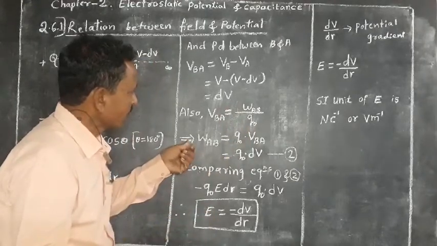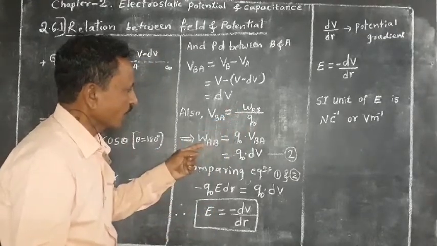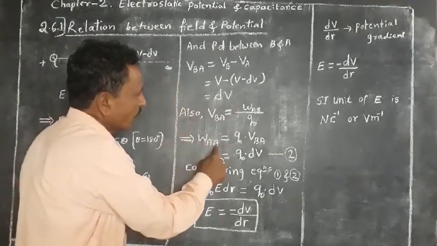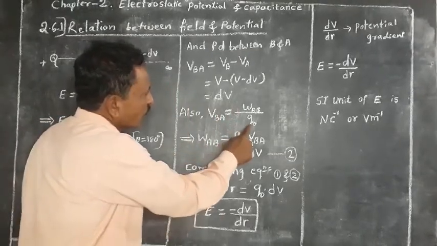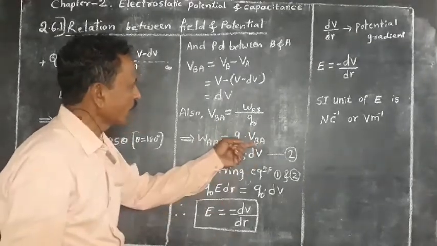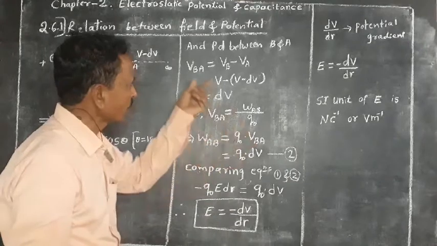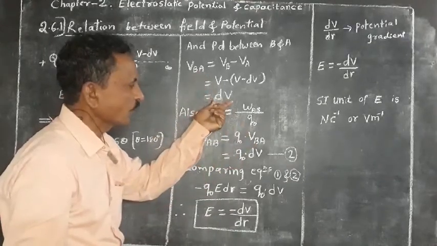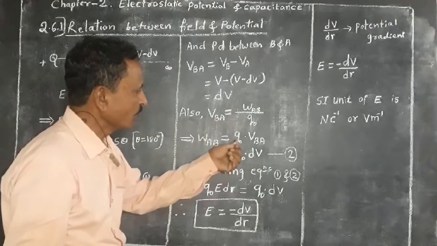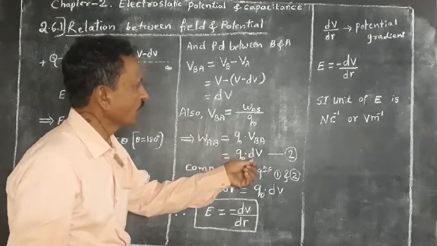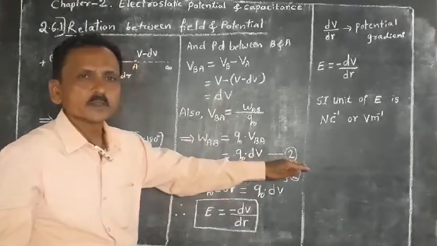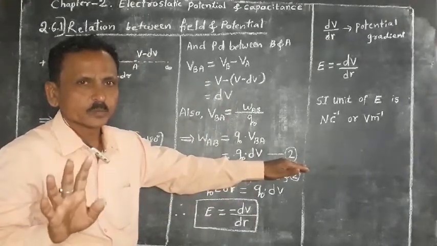This implies WAB is equal to Q naught into VBA. But VBA is equal to dV. Hence, WAB equal to Q naught into dV. Consider this as equation 2.